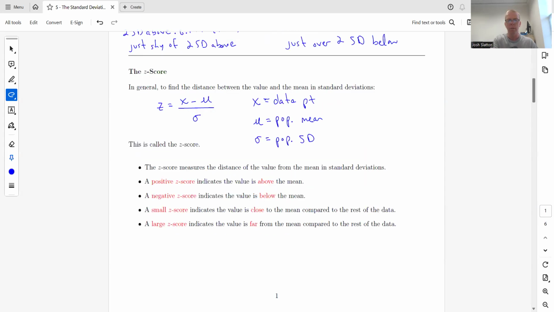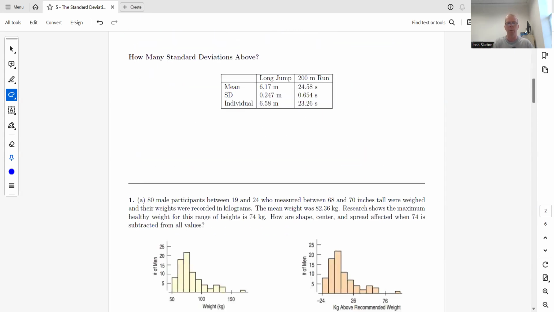So let's precisely calculate the z-scores for these events. For the long jump, the z would be 6.58 minus 6.17 over 0.247, and we calculate that, and we get about 1.66.